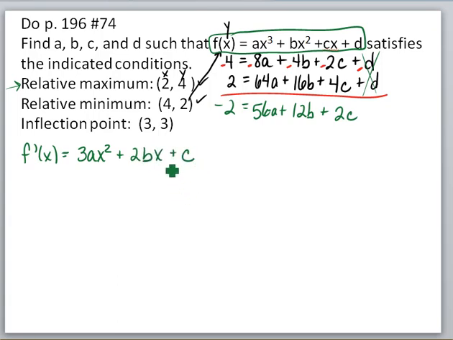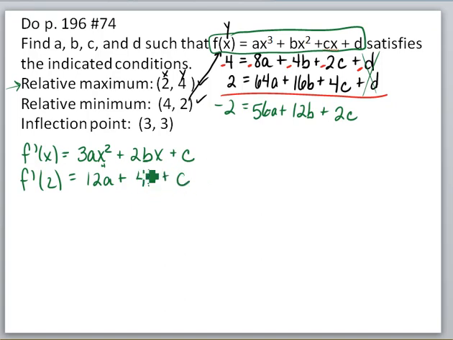Well, what does that do for me? Because this is a relative max, I can say that f prime of 2, I would have 2 squared, which would be 4. So I'd have 4 times 3, which is 12a, plus I'm plugging 2 in for x, I'd have 4b plus c.